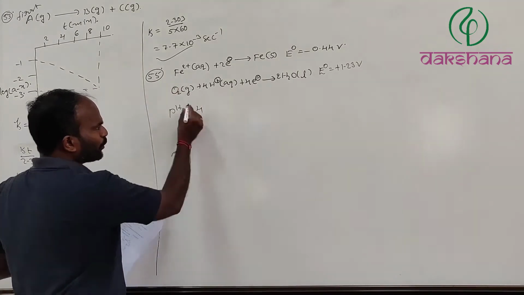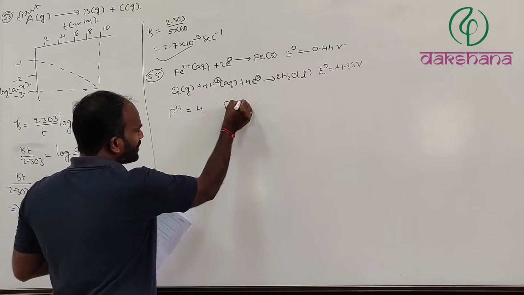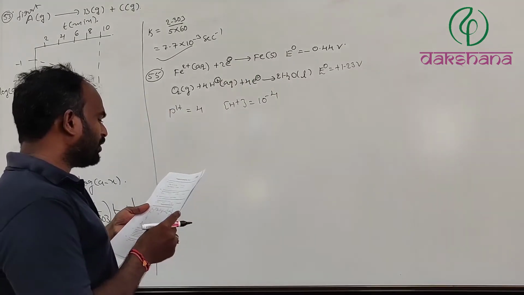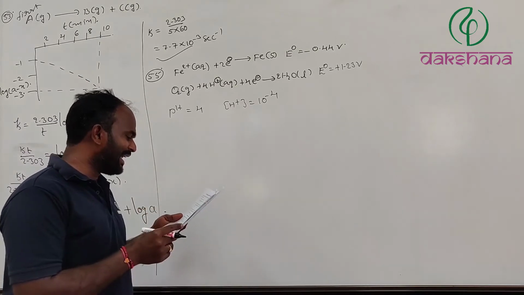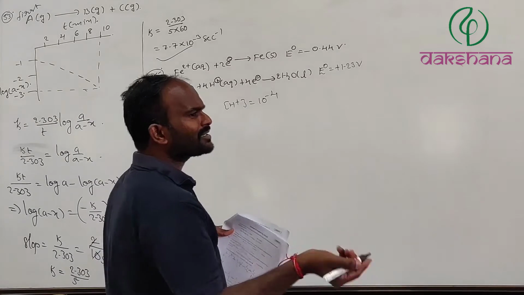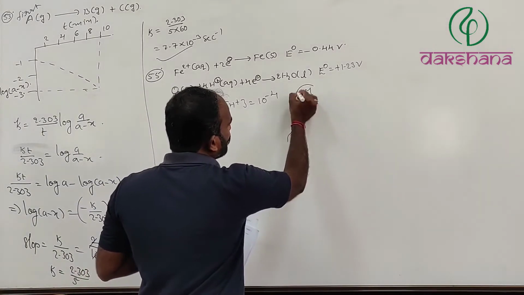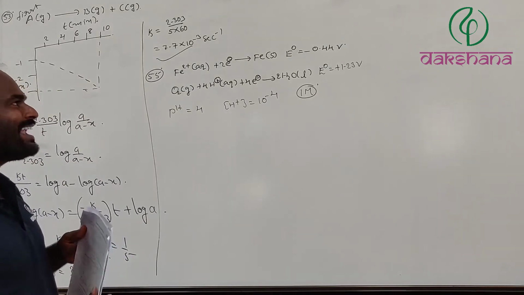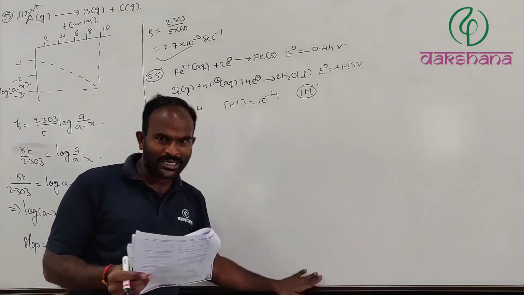At pH equal to 4, the concentration of H⁺ is 10^-4. But all other concentrations are maintained as they were in the standard cell, which means the remaining concentrations are all 1 molar. So first of all, we have to construct the cell.